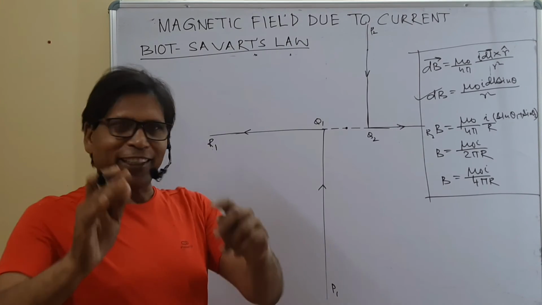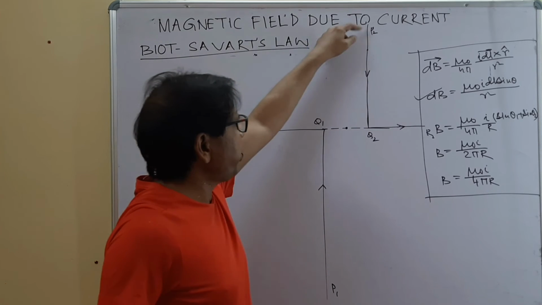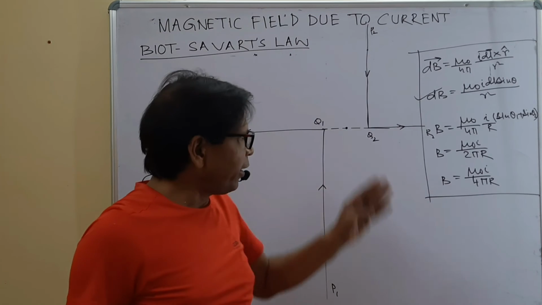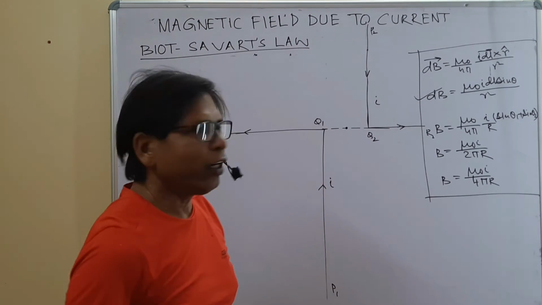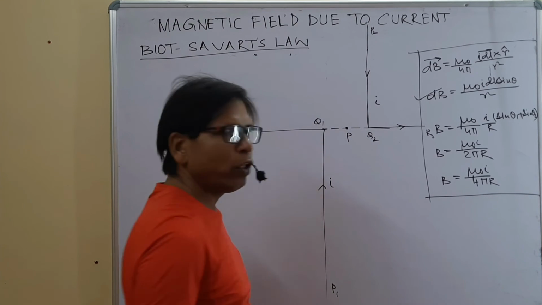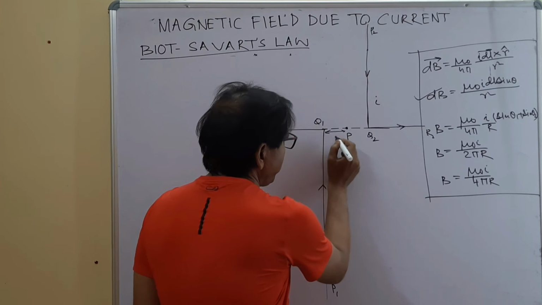Two conductors P1 Q1 R1 and P2 Q2 R2 send current this way. This is the current I and this is the current I. Now we have to calculate the magnetic field at the point P which is at a distance of A from each conductor.